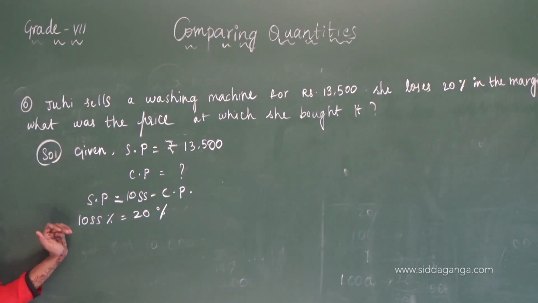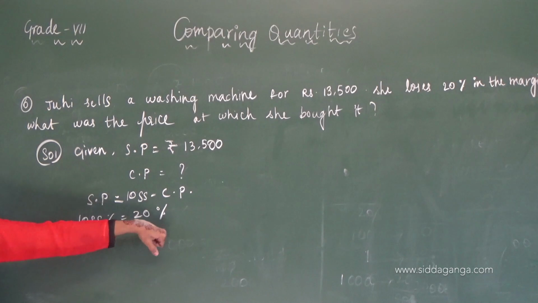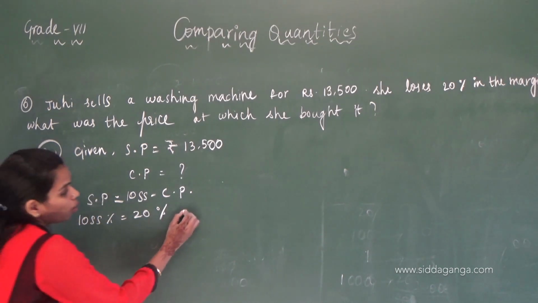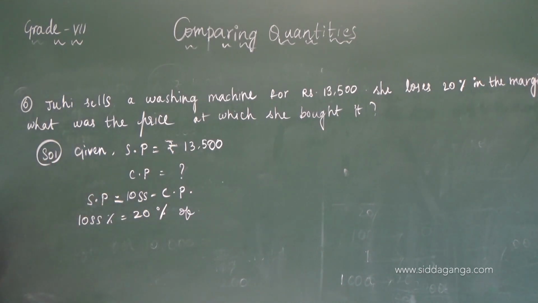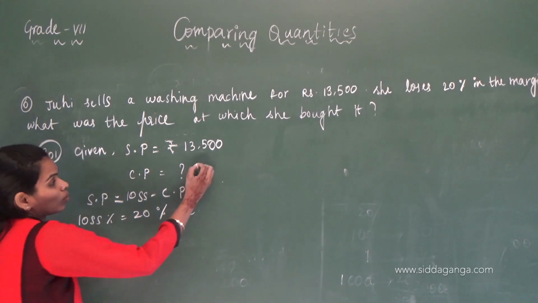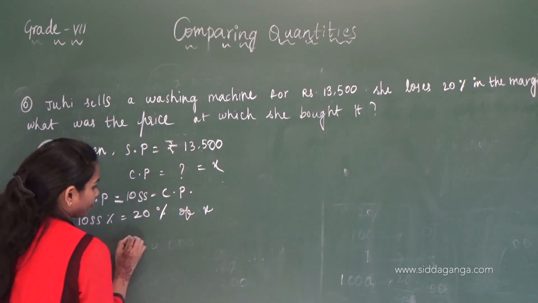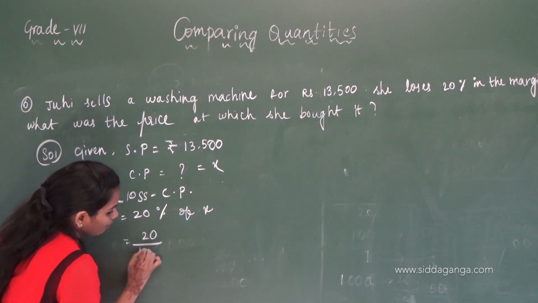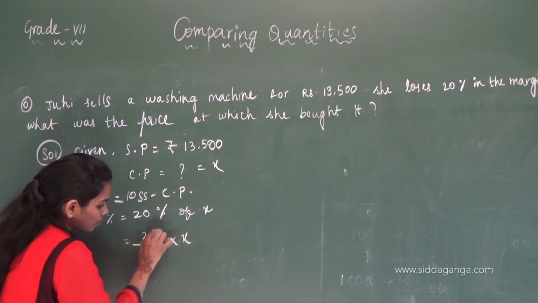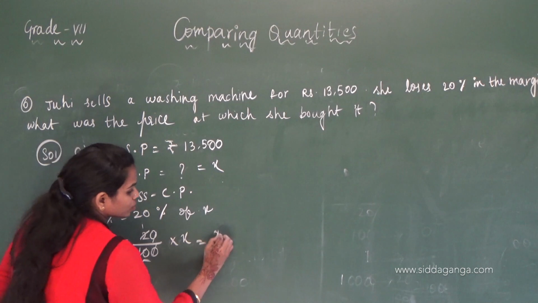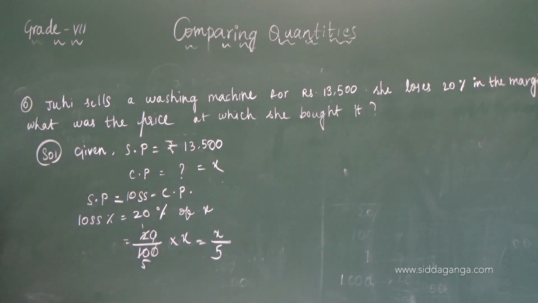Suppose loss percent is equal to 20% of CP, and CP is nothing but x. 20 means 20 by 100 into x. Cancelling, that is equal to x by 5. So the loss is x by 5.